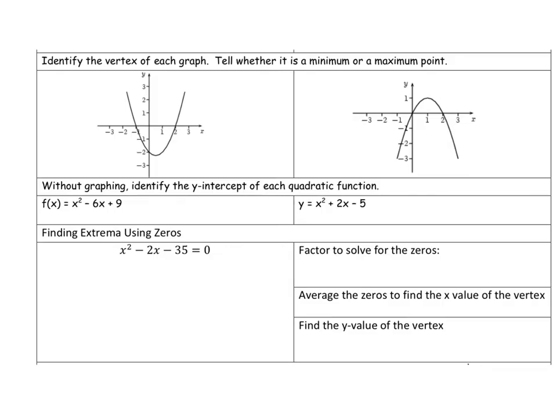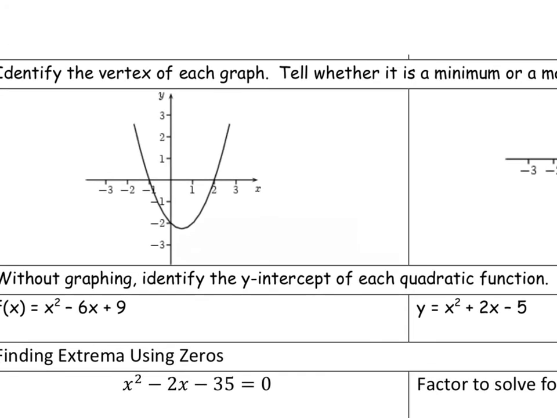Okay, so for these two examples, we are going to identify the vertex of each graph and tell whether it's a minimum or a maximum. Clearly, this parabola opens upward, so this is a minimum because it's the lowest point. Here is our vertex.